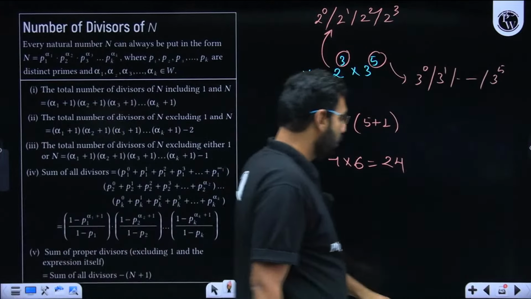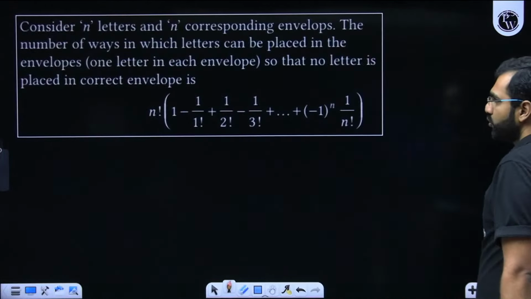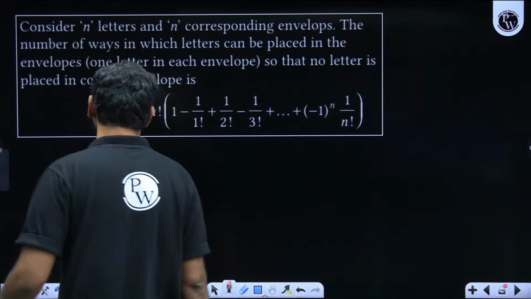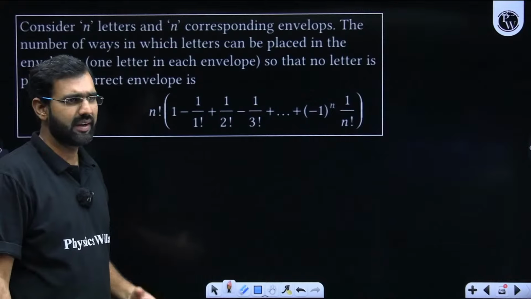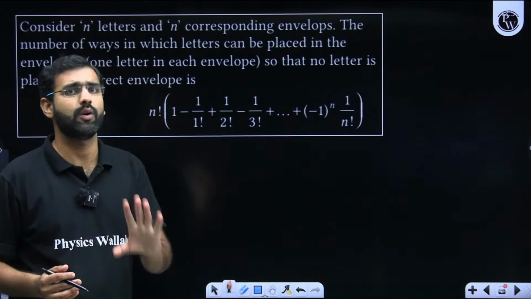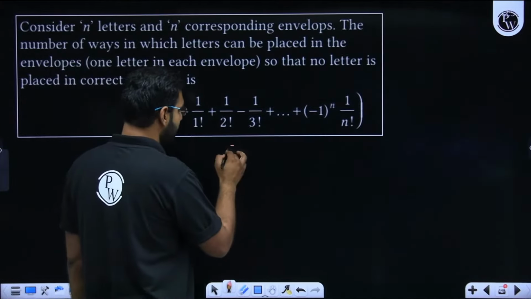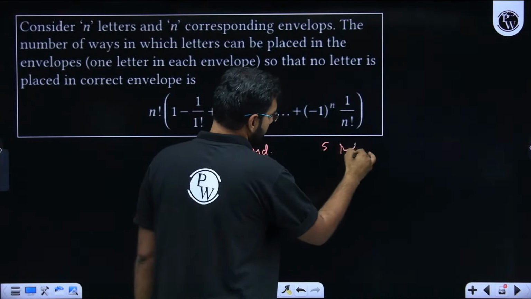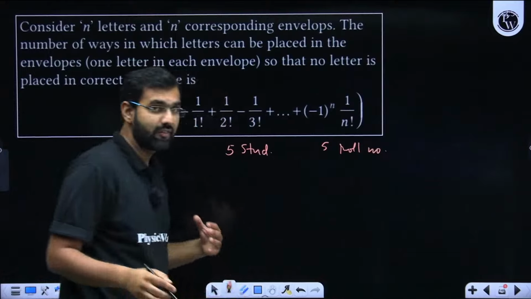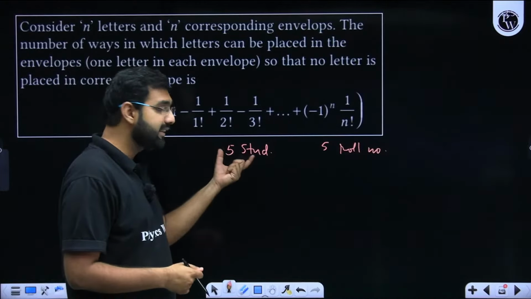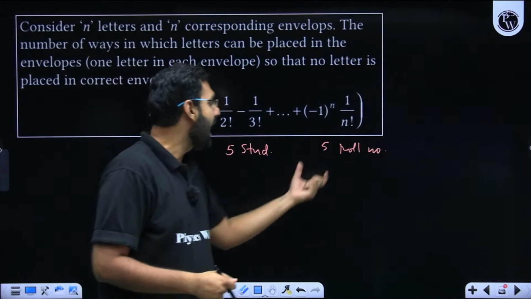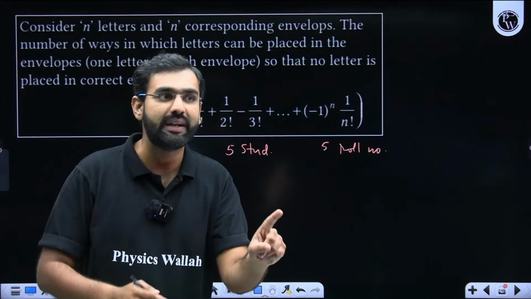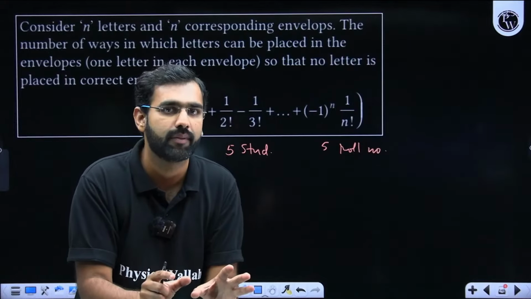Now, moving ahead with some more conclusions, this is derangement based questions. I hope you remember in JEE Mains, there was a straightforward, one-line question. There were 5 students and 5 roll numbers, and we were asked in how many ways can we make these 5 students sit at those 5 places in such a manner that no student sits at its right place.